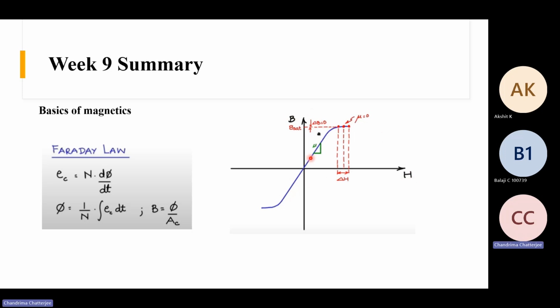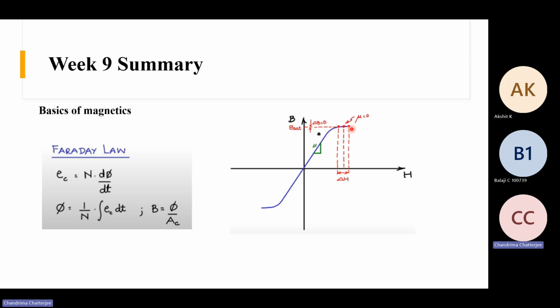This portion is kind of linear, and after that there is a knee, and then this curve more or less becomes flat. It is not completely flat, but the slope becomes very low compared to this portion. So when we design inductors or transformers, we shall always try to stay in the linear region.